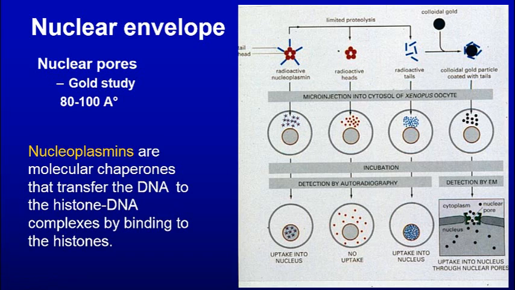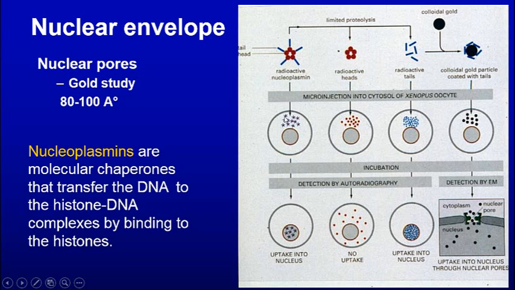Now, if we want to follow the pathway, you can actually get gold of 80 to 100 angstroms to go through these nuclear pores. Nucleoplasmins are chaperone proteins that chaperone proteins from the cytoplasm into the nucleus, and so they bind to things.